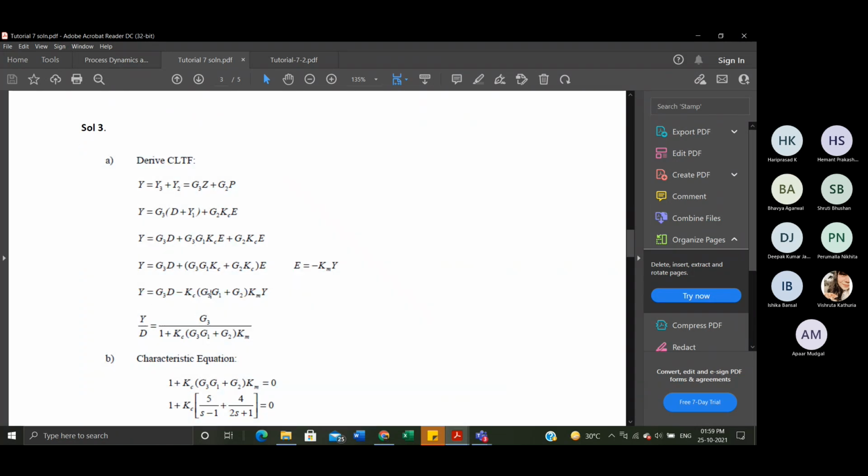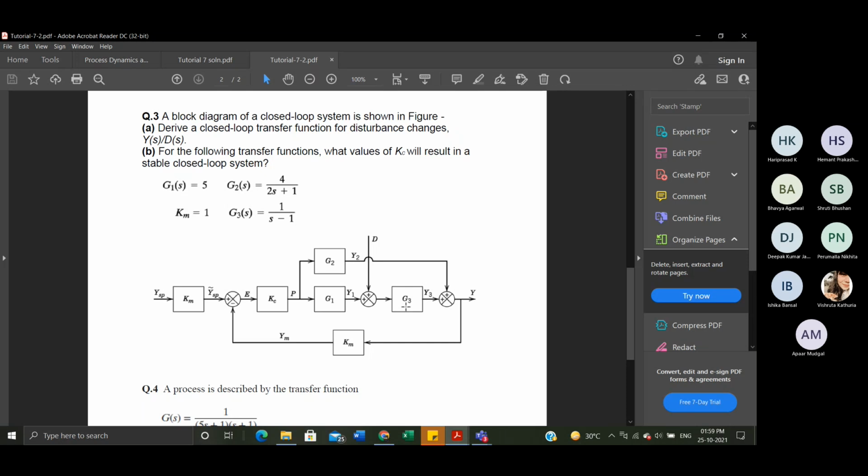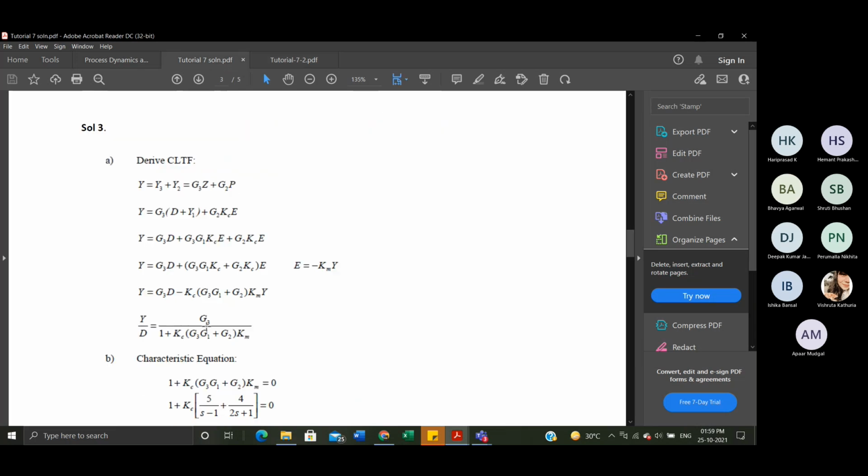Then, taking d in common, we can find the transfer function. We are just going backwards, calculating at every step the value of every output, and in the end we are left with y, d, and the other functions kc and km. So any problem in this? Any doubt you have? Yes, thanks, Apar.